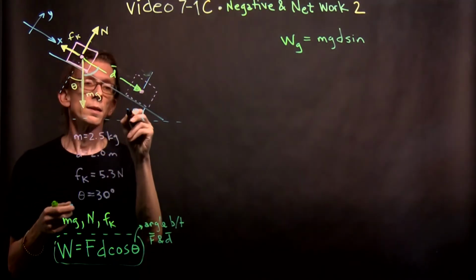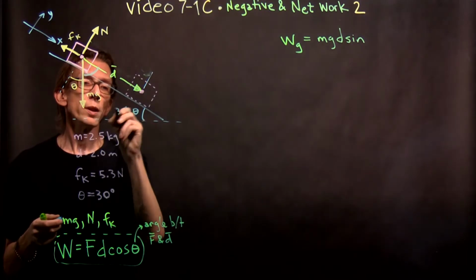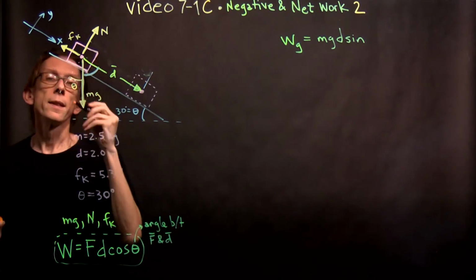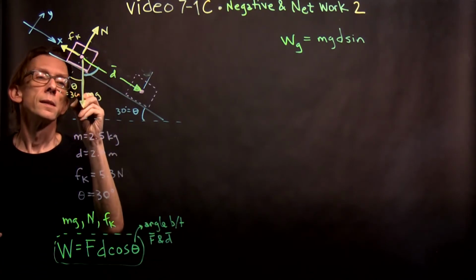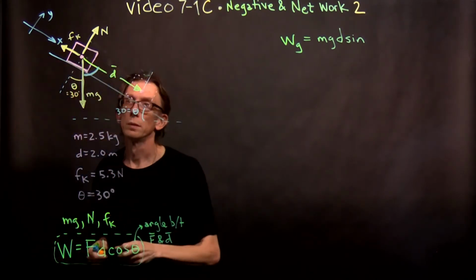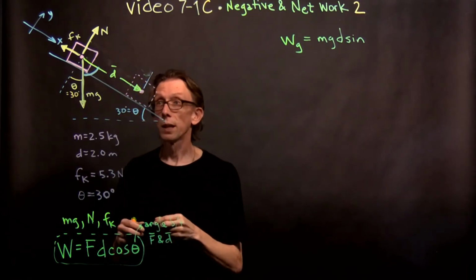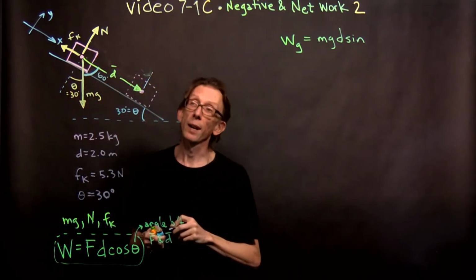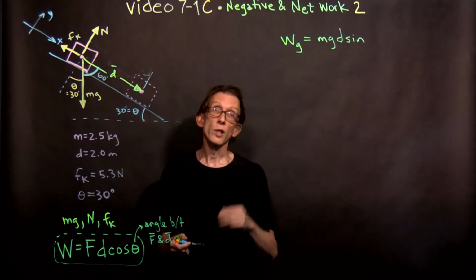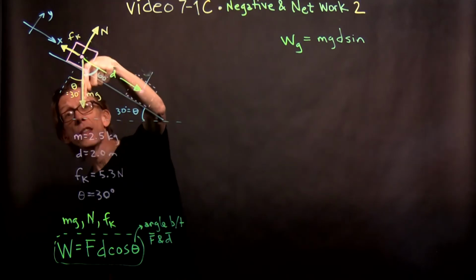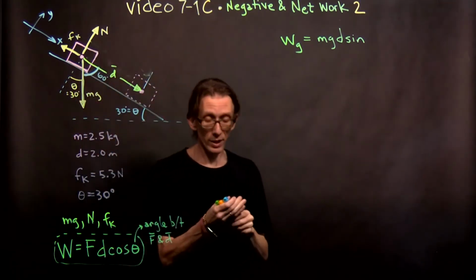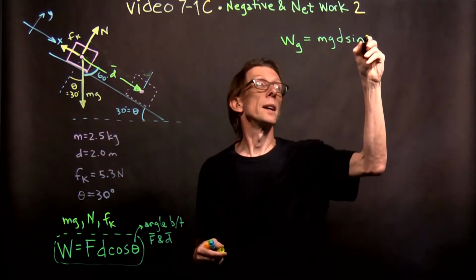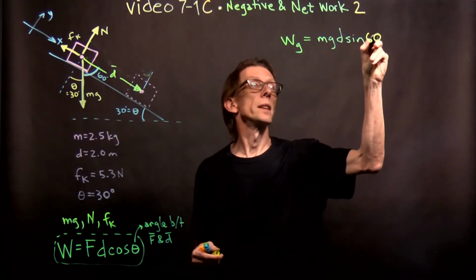If this is 30 and this is 30, then the blue angle has got to be 60, because when you add them up you get 90. So the angle between the weight straight down and the displacement down the hill is 60 degrees. So that's going to be mg d cosine of 60.